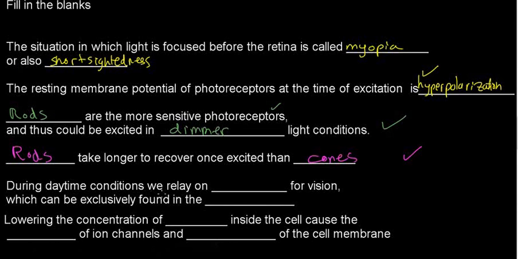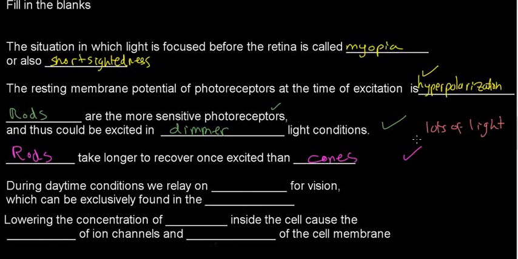During daytime conditions, we rely on something for vision, and because we're relying on something for vision, I'm assuming it's a photoreceptor, which can be exclusively found in the something. Okay, so let's see what we have here. During daytime conditions, there's lots of light.